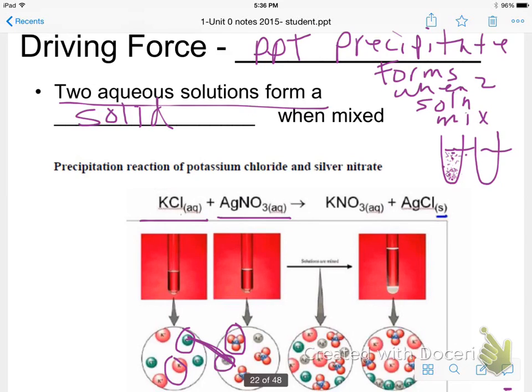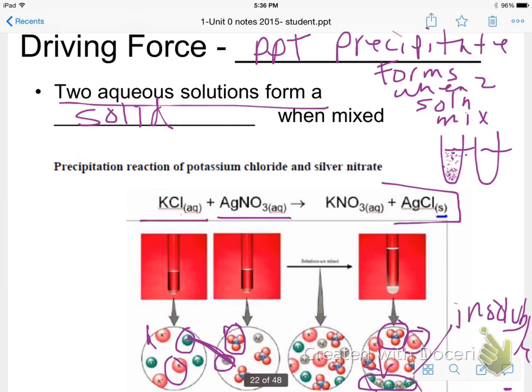And that attraction forms this solid, and we say that it's insoluble. And this is the solid that falls to the bottom of whatever container they're in. And then we're left with this potassium and the nitrate still floating around as ions like it did over here and over here. Okay, so the fact that I made a solid makes this a precipitate reaction. It's a solid falling out of a solution that makes it a precipitate reaction.